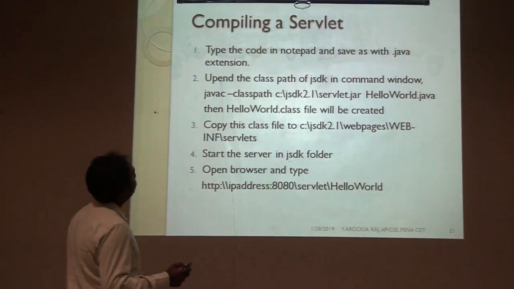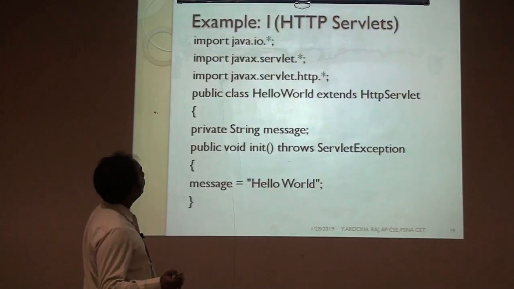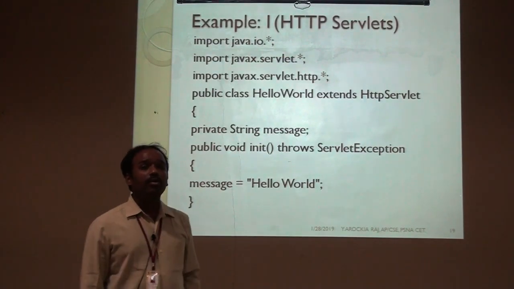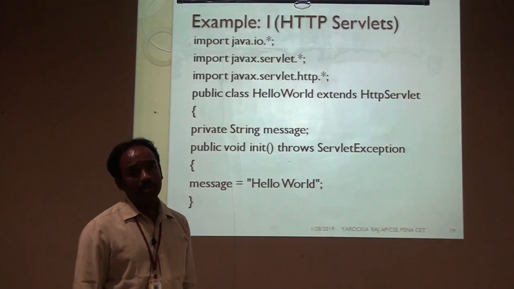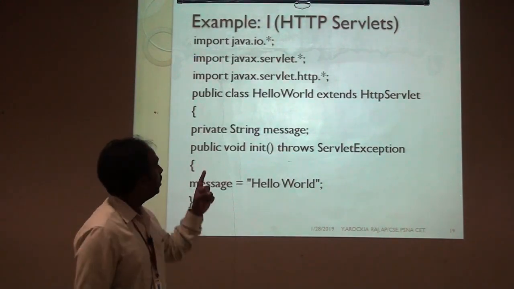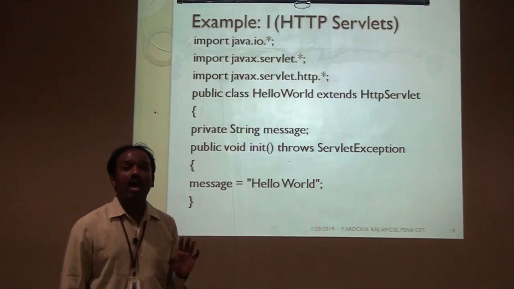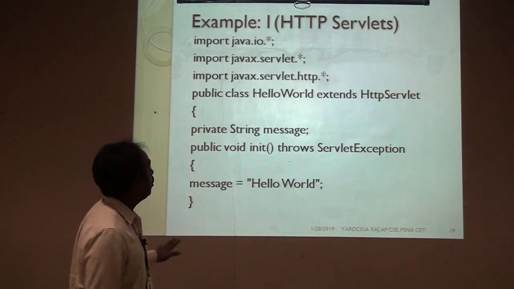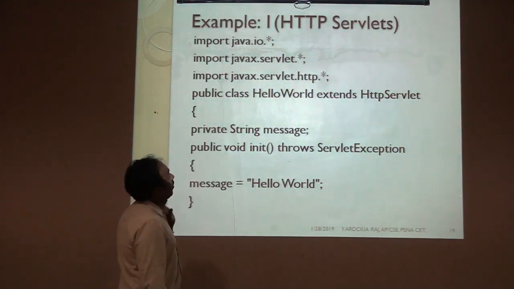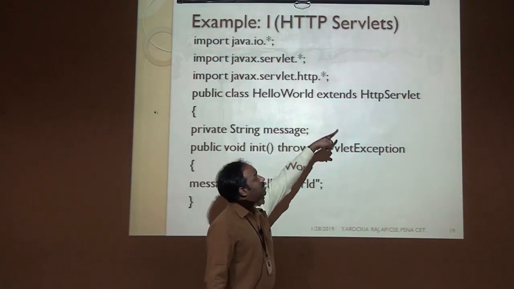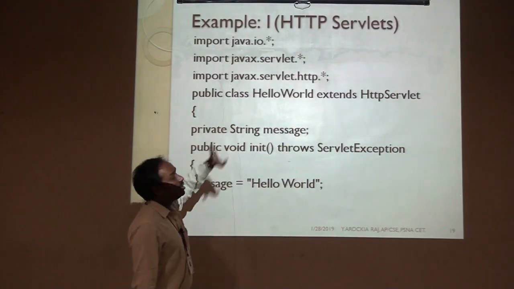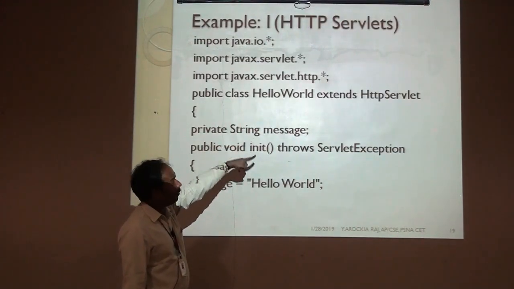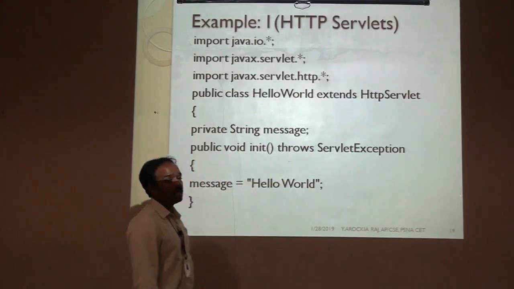So for example, first we go for an HttpServlet class. I already told you that we can create a server program in two ways: one is with the help of HttpServlet, another is with the help of GenericServlet. First we are going to discuss the example of HttpServlet. For that purpose we have to extend the HttpServlet class in our servlet. Here HelloWorld is my server side program name, and I am extending HttpServlet.